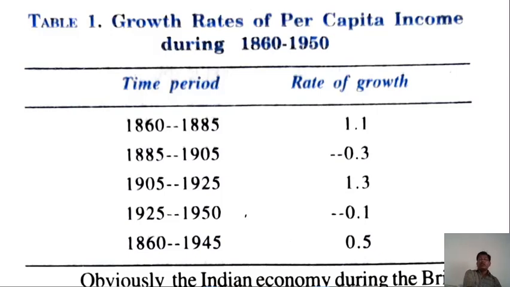1905 to 1925, the next two decades or 20 years, the growth rate is 1.3%. And 1925 to 1950, 25 years, a negative 0.1 rate. And 1860 to 1945, here 0.5.